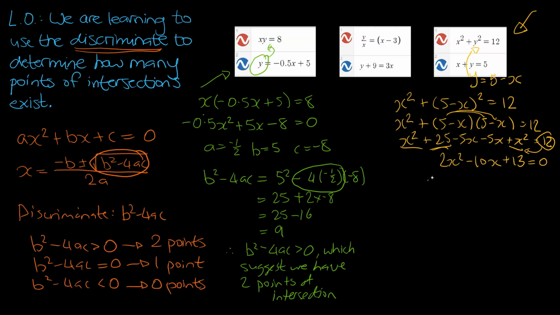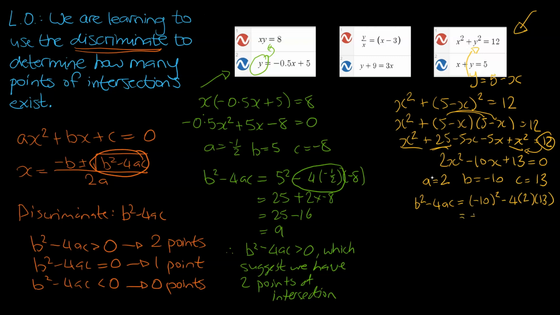From here, we now have our a value. So a is equal to 2, b is equal to negative 10, and c is equal to 13. And we can plug that into our discriminant formula. So b squared minus 4ac is going to be equal to negative 10 squared minus 4 times 2 times 13.